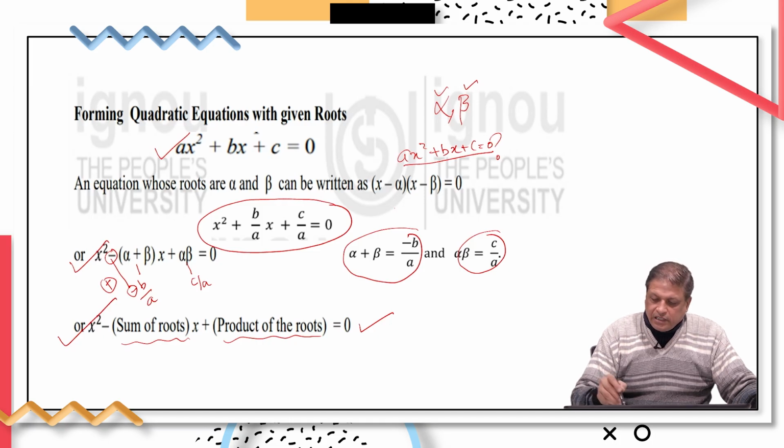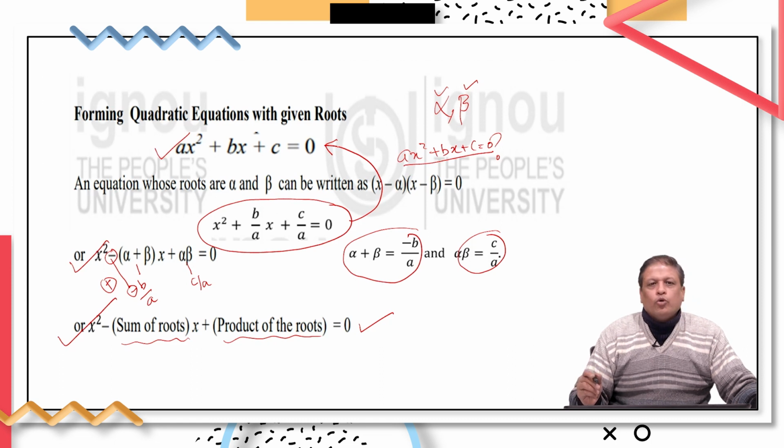Taking the LCM, we can bring this equation into the standard form, that is ax square plus bx plus c equal to 0. I hope you understood the importance of calculating the sum and product of roots, because their contribution leads to the generation of the quadratic equation.